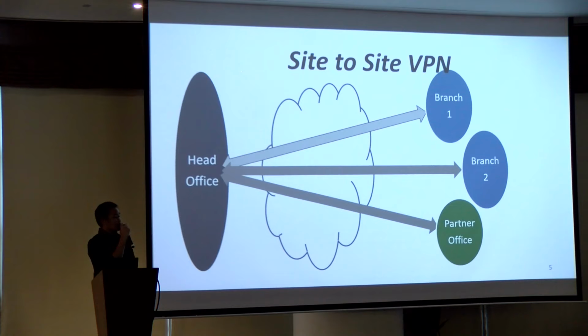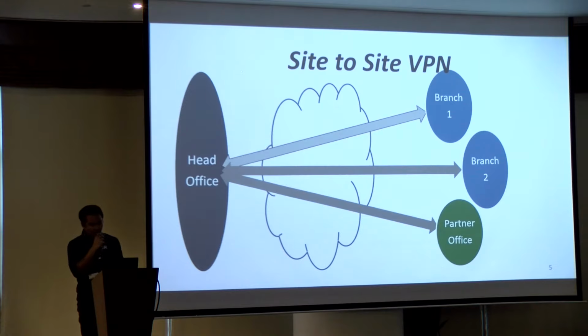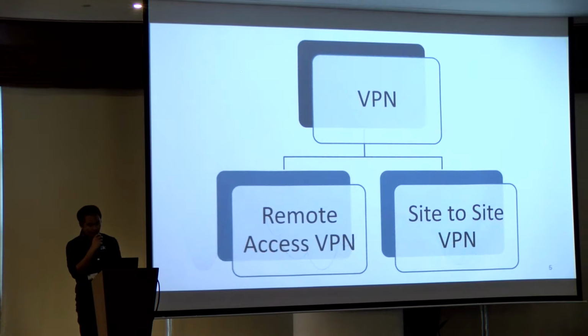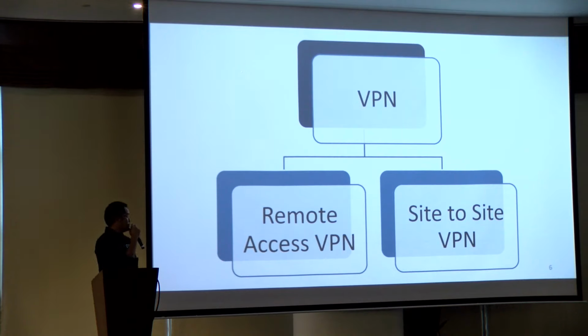From the head office to the branch offices, we need site-to-site VPN, and for our partner office, we make this type of VPN. So we divide VPN into remote access VPN and site-to-site VPN according to the requirement.